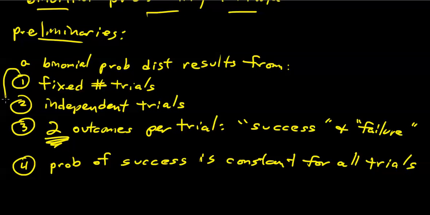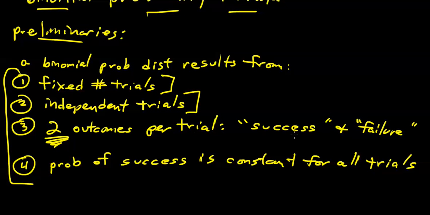Alright, so if you satisfy these four conditions in your probability experiment, then you've got a binomial experiment or a binomial probability distribution. And you can see where if we're talking about 20 girls in 30 births, well, 30 births, we've got 30 trials. We often say boys and girls are equally likely in any trial, so we can assume independence of births, gender in all those trials.